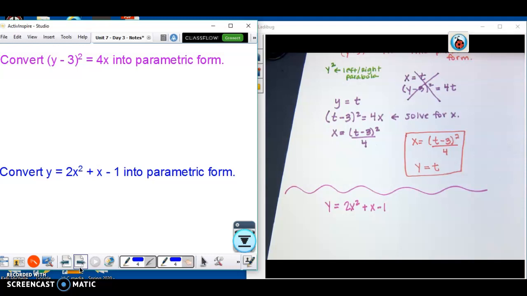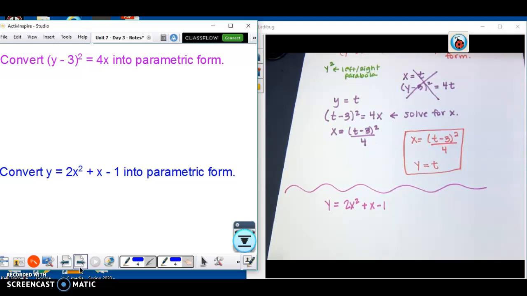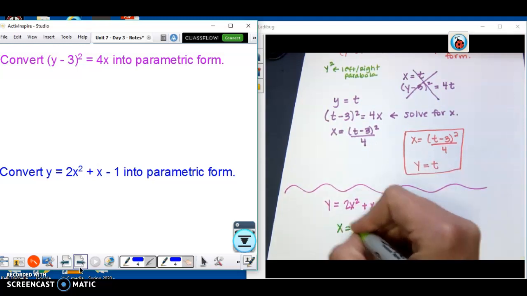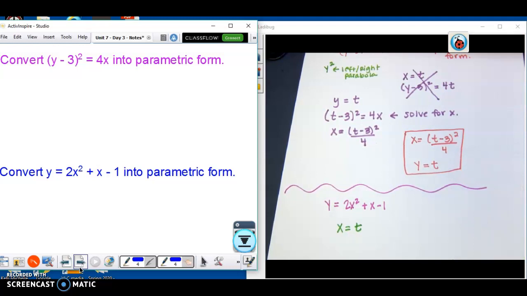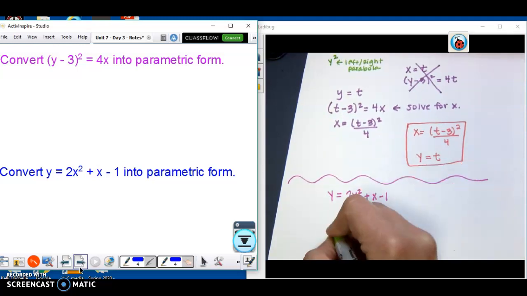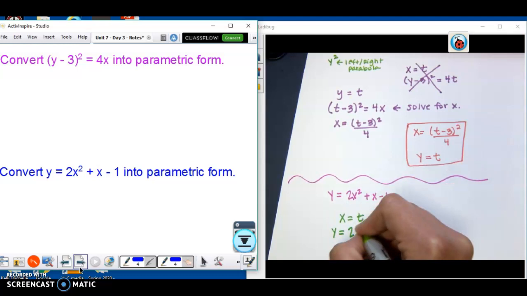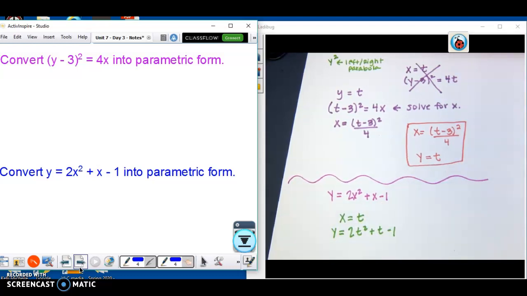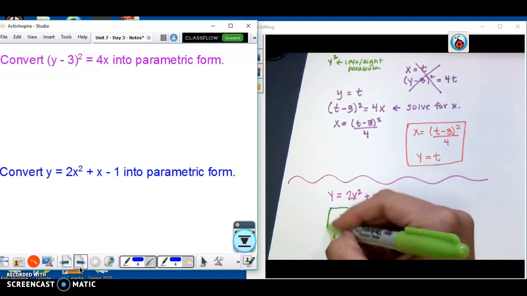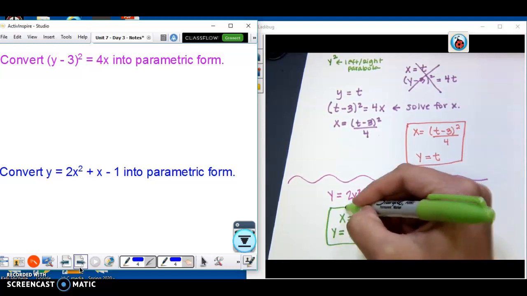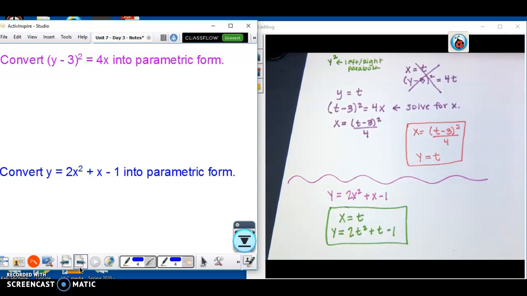We need to put it into parametric form. So we want to either let x or y represent t. In this case, you're definitely going to want to let x represent t. If we let x represent t, and go fill in all the x's with t's, it's already solved for y. So at this point, we have our two parametric equations: x equals t, and y equals 2t squared plus t minus 1.